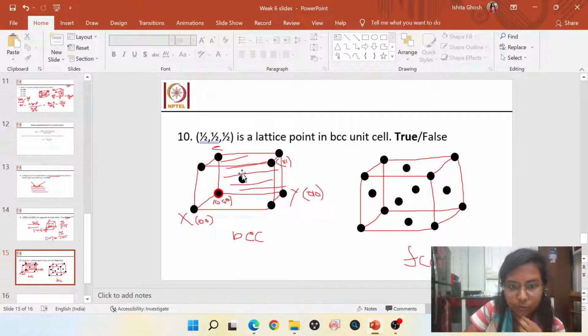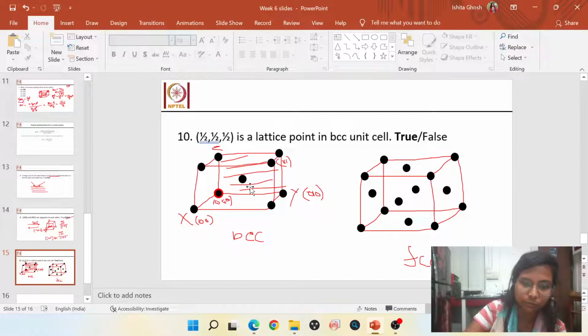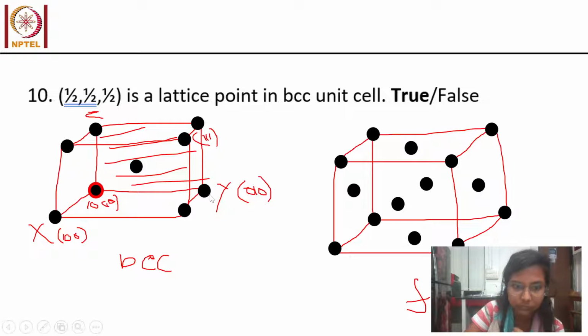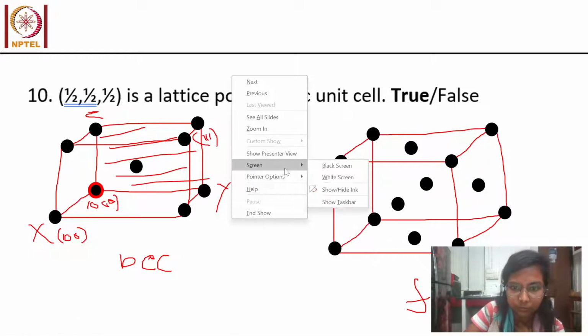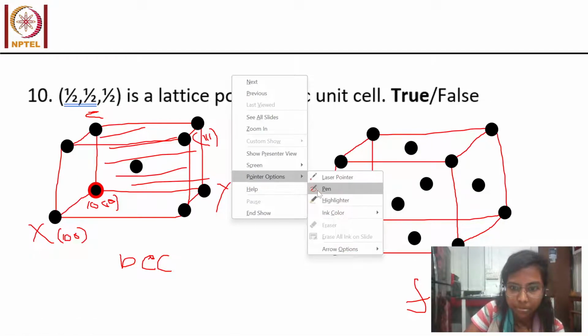But for BCC, if we want to find out what is in the middle atom, we have to go half along X also, in the front, because the origin is kind of at the back. So we have to move half a unit cell along the front. So what will be my trajectory?